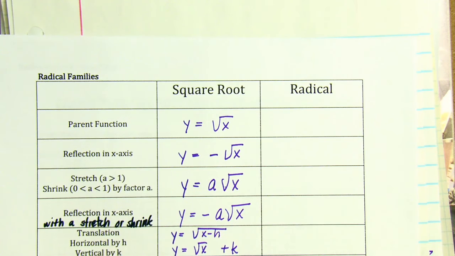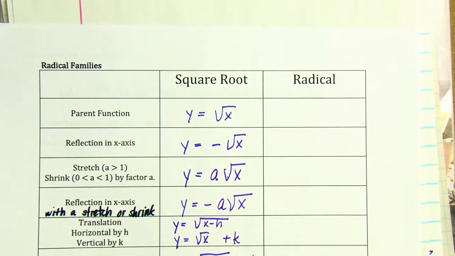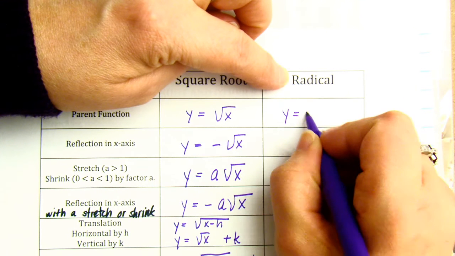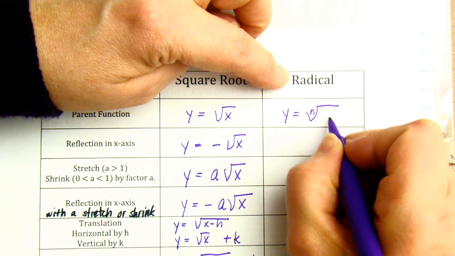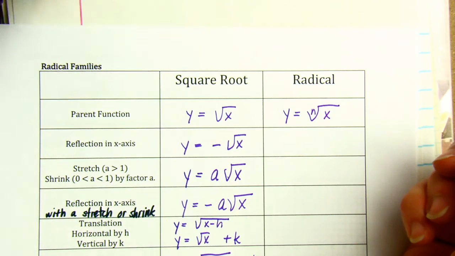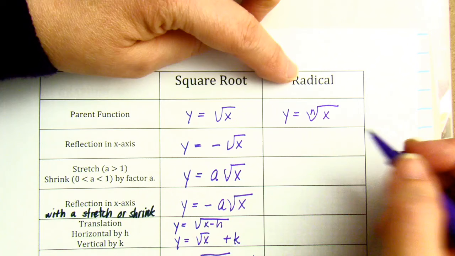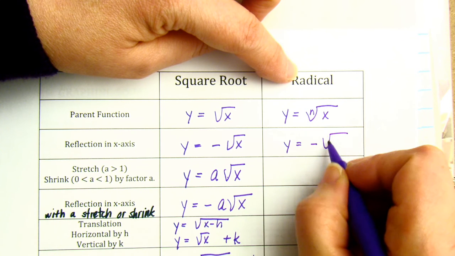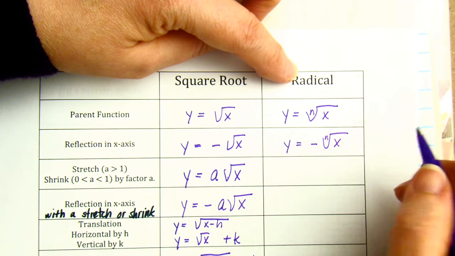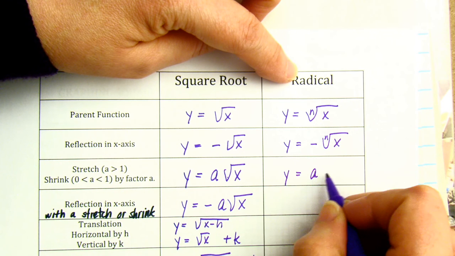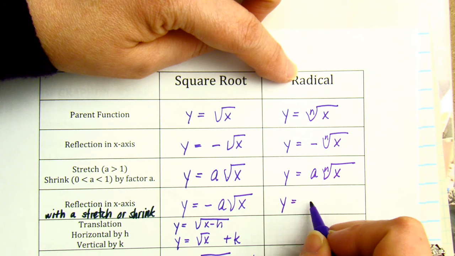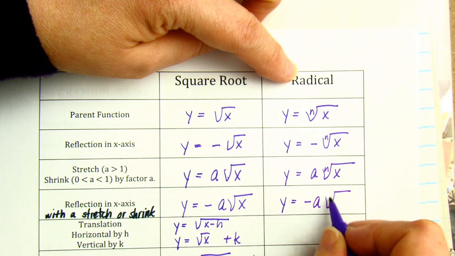All right, let's apply this now to any radical equation. Square root is its own, right? But we had cube roots and fourth roots and fifth roots and so on. Y equals the nth root of x. The only thing that's going to change here between this column and this column is the nth root. Y equals negative is the flip over the x-axis, and here we've got the nth root of x. Here we have y equals a times the nth root of x. Here we have y equals negative a times the nth root of x.